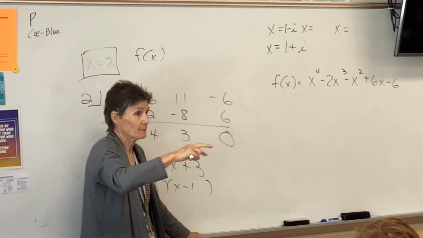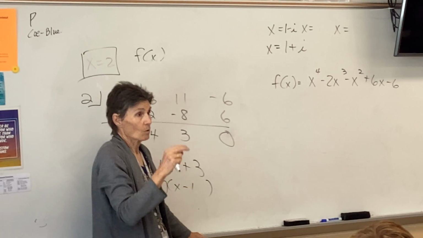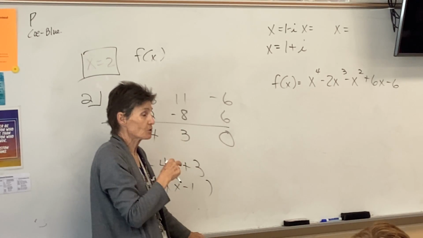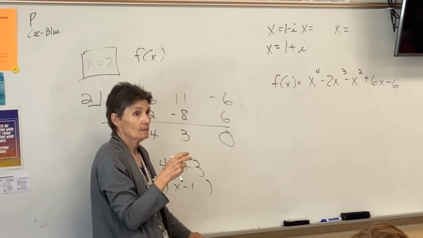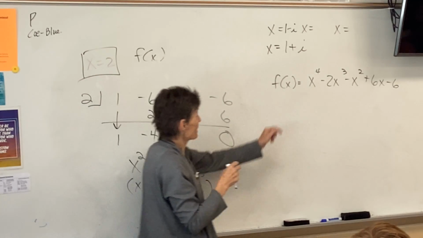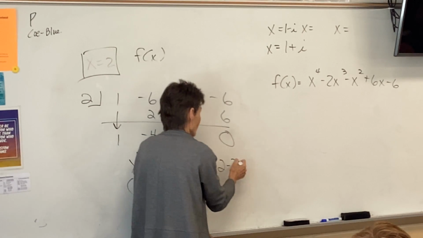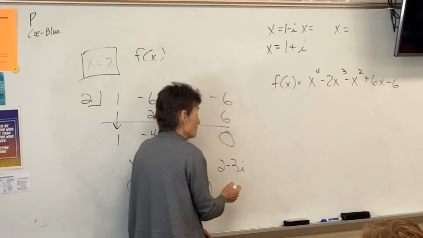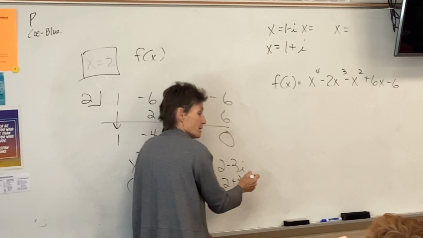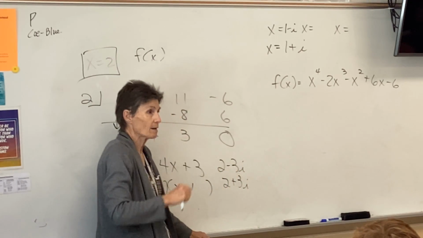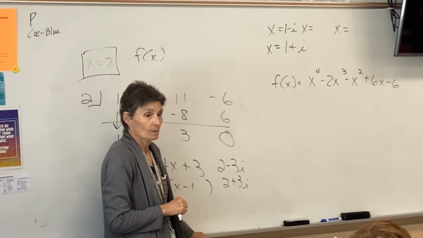They always come together. So 1 plus i means you also have 1 minus i. So now we're down to just having 2 more to find. If you had a problem where 2 minus 3i was a root, you would automatically know 2 plus 3i was a root. They always come together. Always.